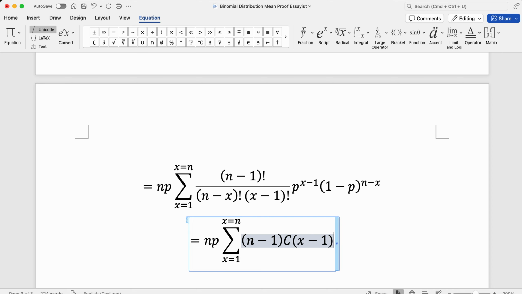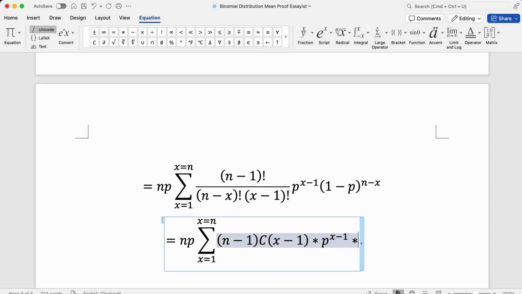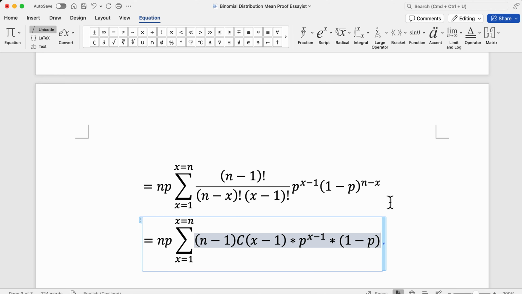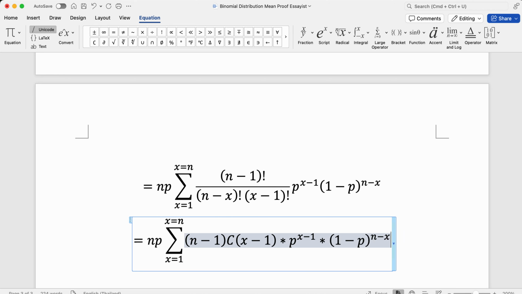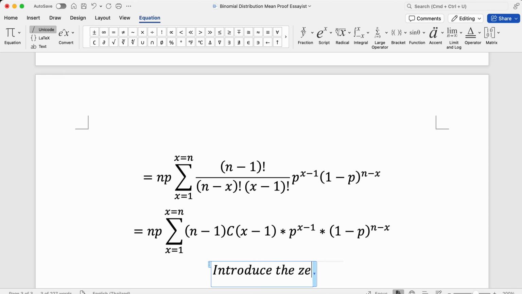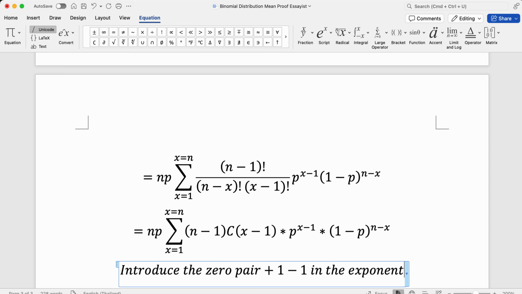Yep, that's it. Then we have p to the x minus 1 times 1 minus p to the n minus x. And now here, as I said, we're going to introduce the arbitrary zero pair. Introduce the zero pair, plus 1 minus 1, in the exponent for 1 minus p.